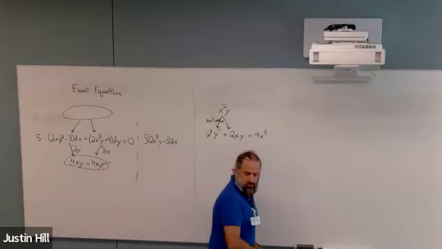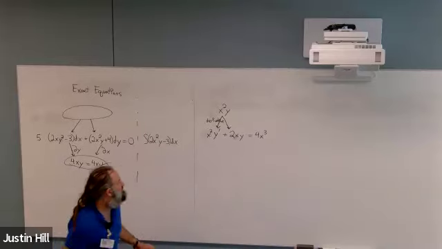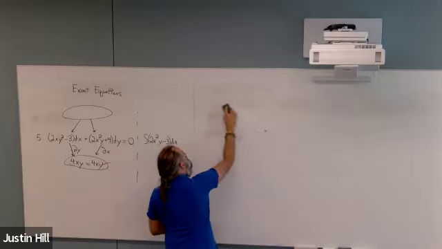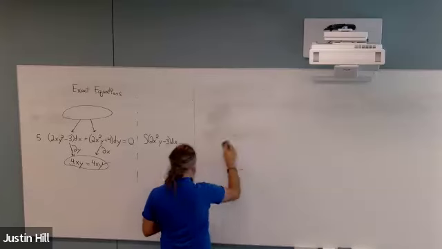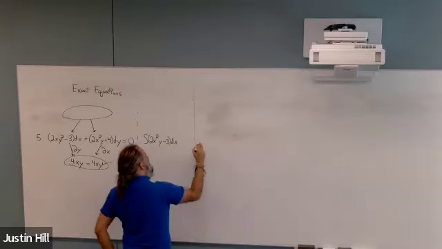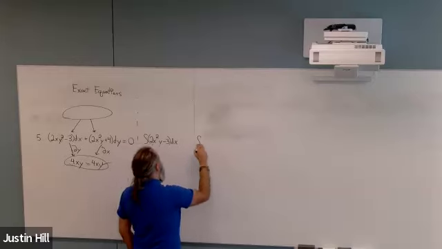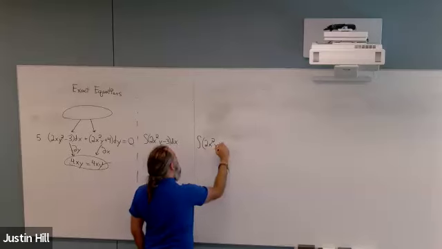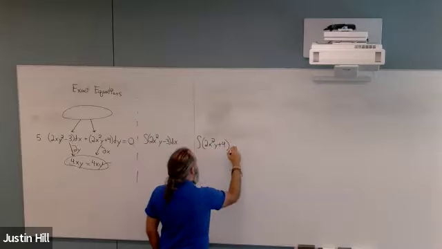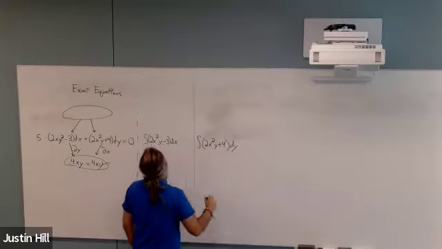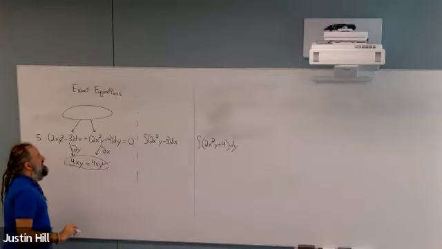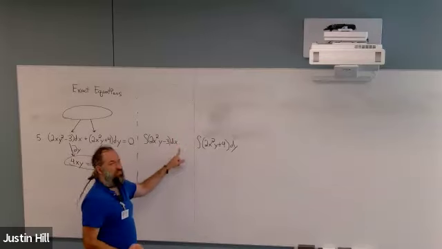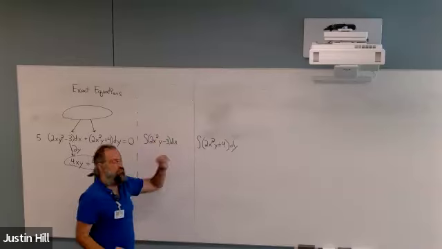And then I'm going to take the integral with respect to y, 2x squared y plus 4 dy. And I'm going to use the results of these two to figure out what this original function is.